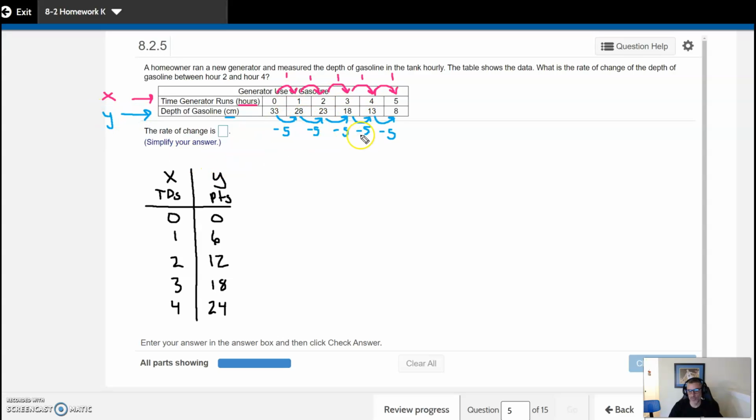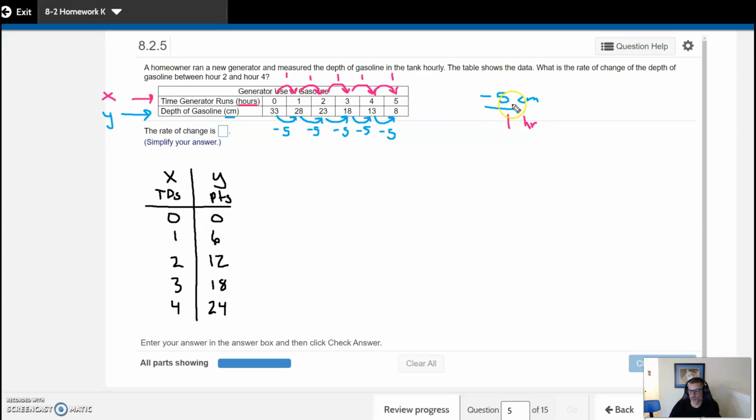So when you actually go to write a rate of change here, we say, okay, our y values are actually changing by -5 each time. So if I was going to write a slope or a rate of change to represent this table, this -5 actually goes on top, and the 1 comes to the bottom. And what this says is that we're losing 5 centimeters, minus 5 centimeters per 1 hour.